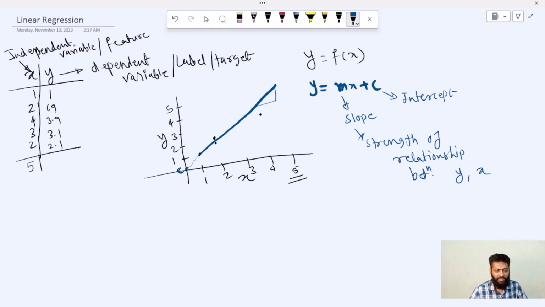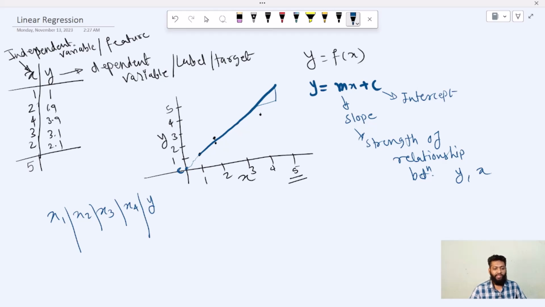Now suppose we have a data set like this, where we have multiple independent variables x1, x2, x3 and x4, and we have one dependent variable y.